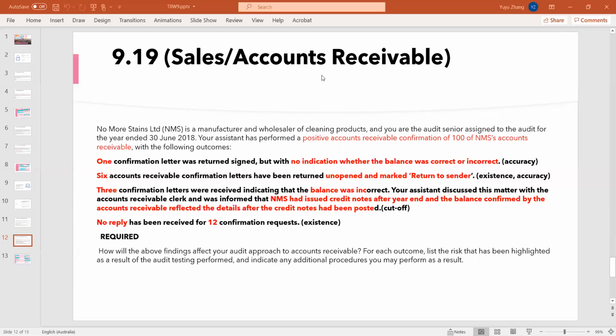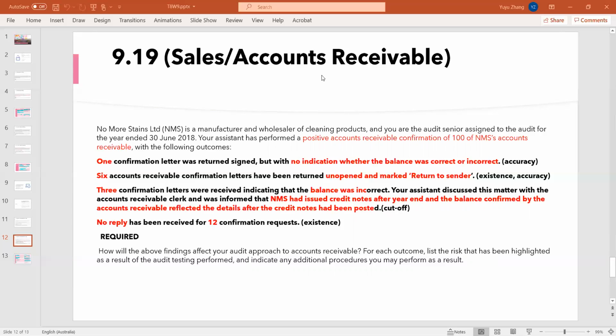Third one, 3 confirmation letters received indicating the balance was incorrect. Your assistant discussed this matter and was informed the company has issued credit notes after year end, and the balance confirmed by the accounts receivable reflects the details after the credit notes have been posted.